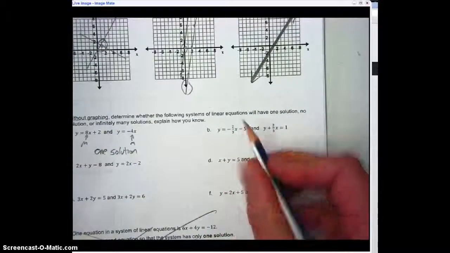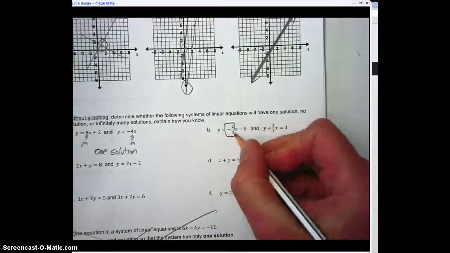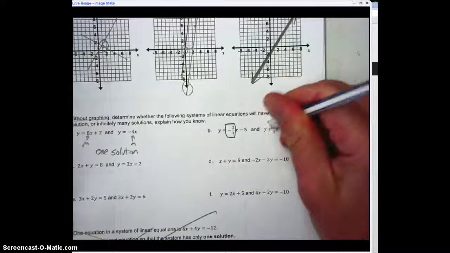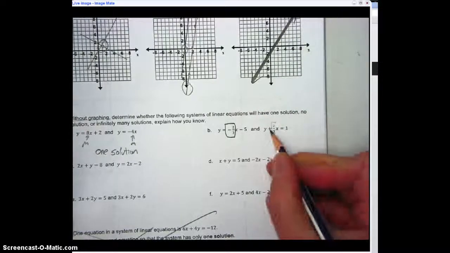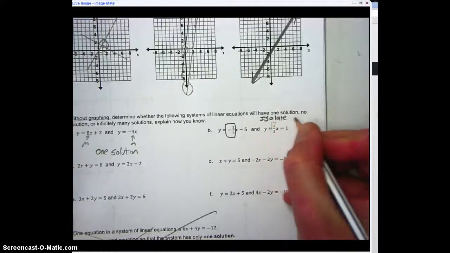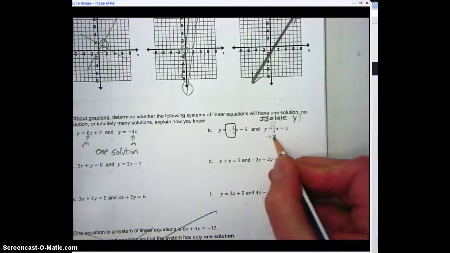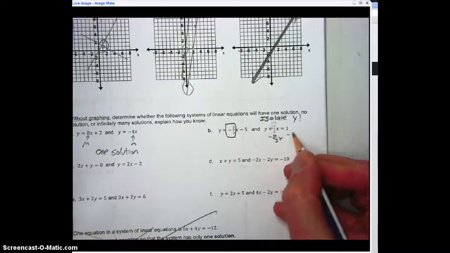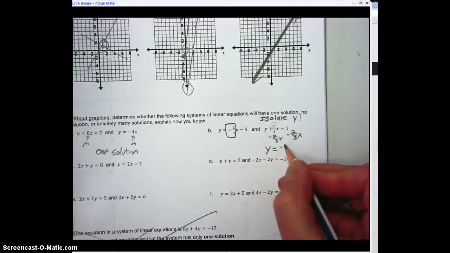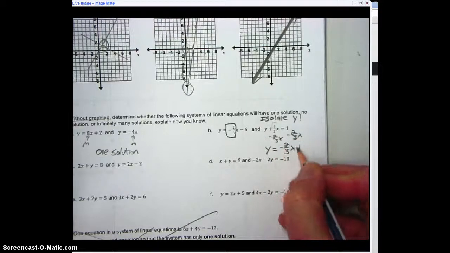Look at B. They look very similar. Oh, I have a problem. Is y by itself yet? We have to isolate y again. So subtract 2/3 x from both sides. And now you got y equals negative 2/3 x plus 1.